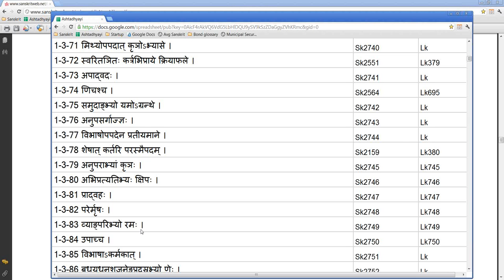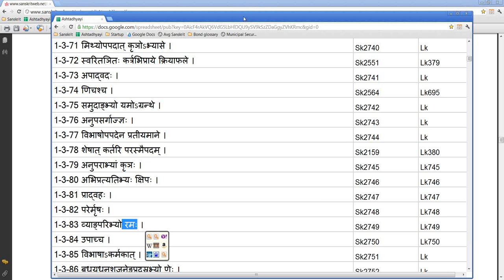I will never forget this sutram, because at that time I tried to correct him saying it is going to be atmanipadam, but of course I didn't know this sutram. I should have known it, but I didn't. So, vyang paribhyo rama. The point is that ram takes parasyapadam when preceded by vi, ang or pari.